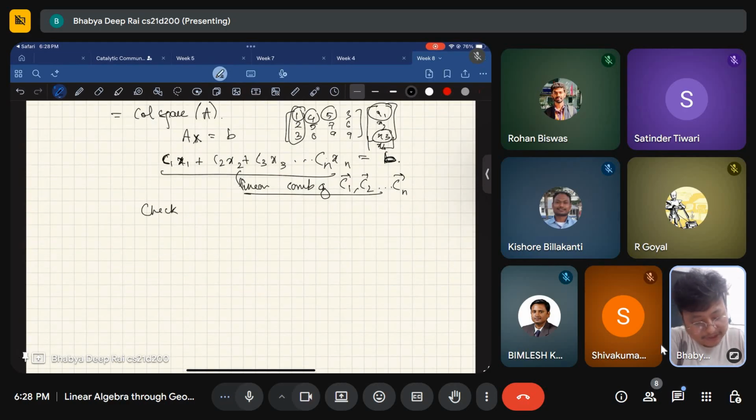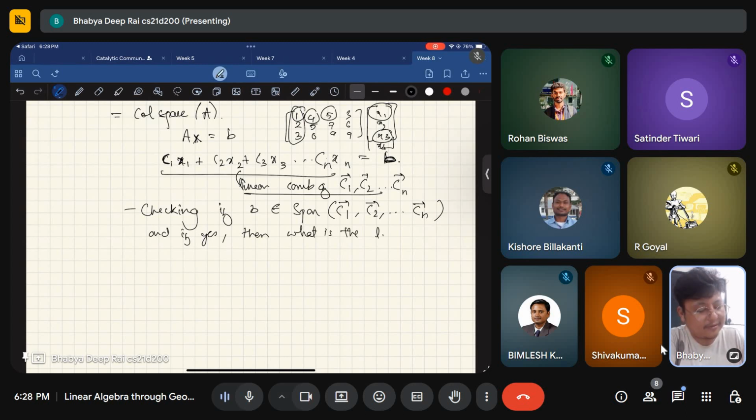I am checking if B belongs to the span of c1, c2, cn, and if yes, then what is the linear combination? This is what I'm asking actually. This is another way to view it.